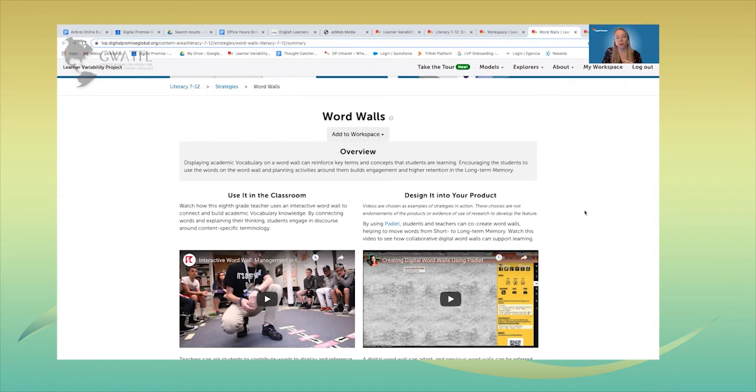You can also use Padlet or Wakelet, which are different tools where you can organize visual displays to make word walls go virtual.